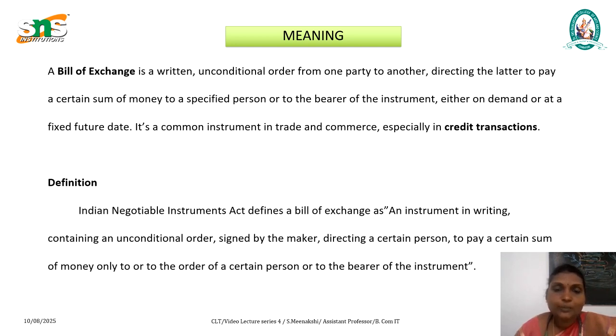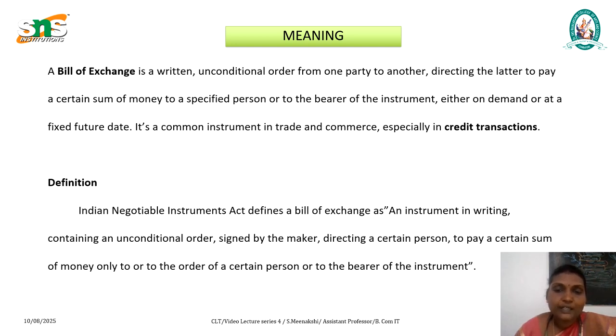So the Indian Negotiable Instrument Act defines bill of exchange as an instrument in writing. So oral confirmations regarding bills will not be acceptable. This instrument must be in writing. It must contain an unconditional order signed by the maker. The maker is nothing but the drawer. He has to sign the bill.